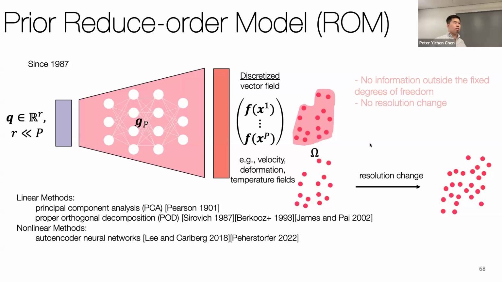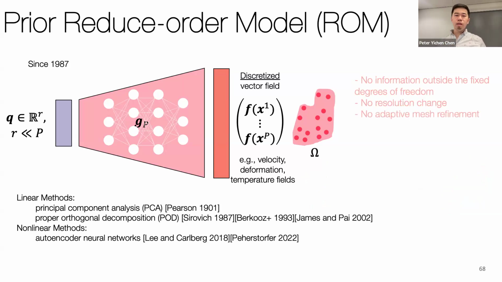If you train a model, you have to pick a resolution. After training, you can't change your resolution, and your training data cannot come in with different resolution. And obviously, adaptive mesh refinement data cannot be captured in these scenarios, because you're stuck with one mesh, one grid, one set of points.